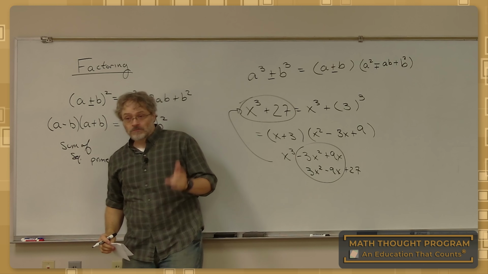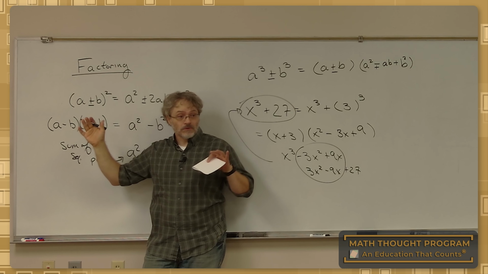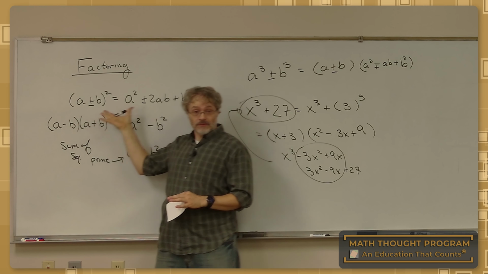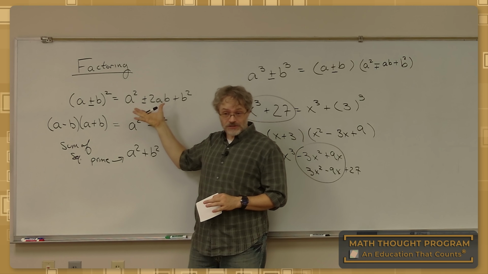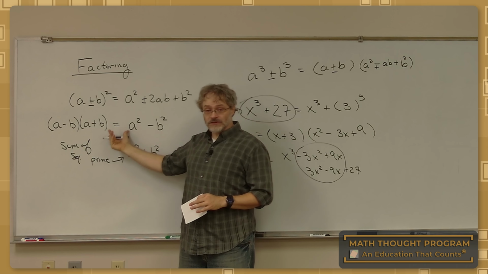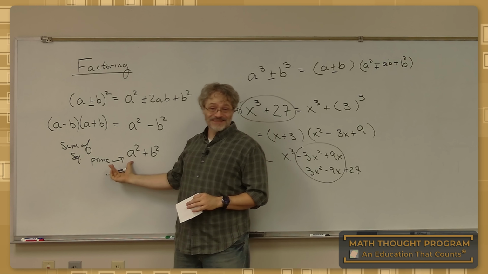Okay, so make sure that you do know a plus b or a minus b quantity squared and how that expands out and how to take the expansion and put it back in the factored form. And also the difference of squares, and also know that when you have a sum of squares, you can't factor this.